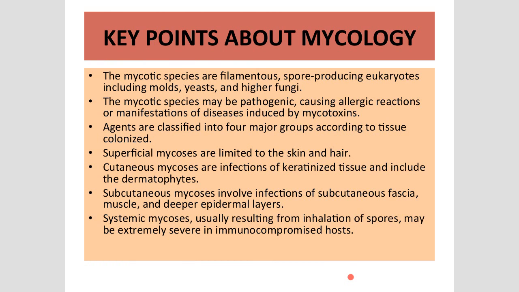Okay. Now at this point, what we need to understand is, like viruses, these fungi have tropism. And what is tropism? What do you understand by tropism? Attraction. Attraction to what?